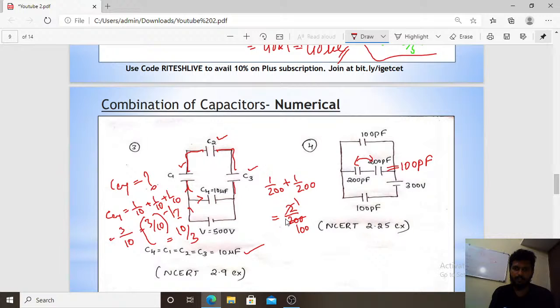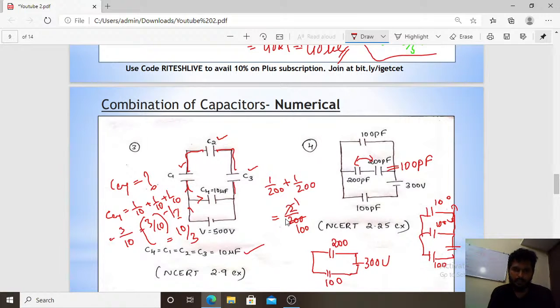So the new circuit will be like this. This is 100, this is 100, and again this is 100. These two are in parallel, that is direct plus. The new circuit will be, correct. So it becomes 200, and again here it is 100. So the answer here is 300 volt.